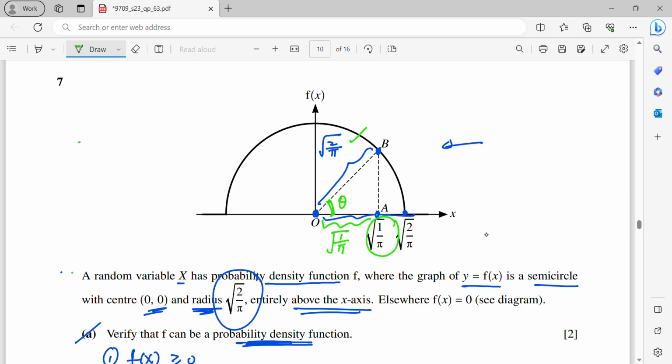Looking at this right angle triangle, I have the adjacent side square root of 1 over pi and the radius, which is the hypotenuse. With adjacent and hypotenuse, I'm going to use cos, so cos theta is square root of 1 over pi divided by square root of 2 over pi.